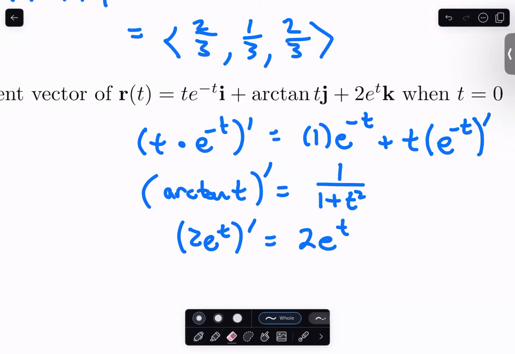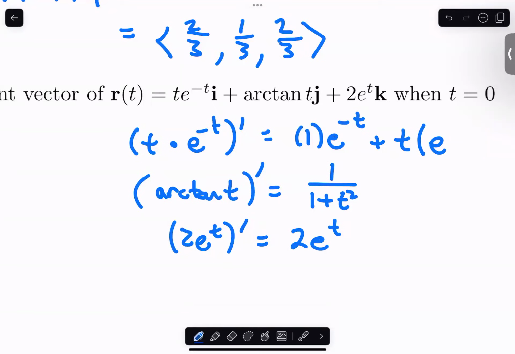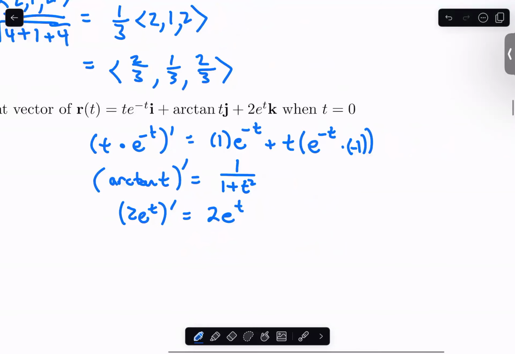So when I take the derivative, we get a copy of itself, e to the negative t, but then you also need to multiply by the derivative of the inside. So the derivative of negative t is going to be -1. So you get this extra negative sign. So let's write this as e to the negative t minus t e to the negative t. That's maybe as simple as I can write that.